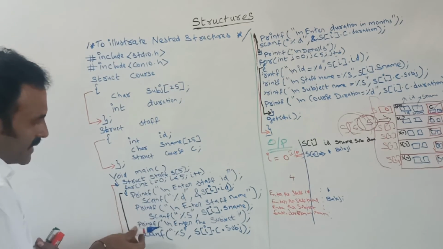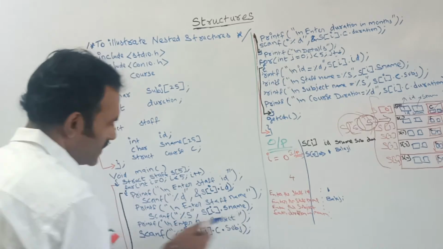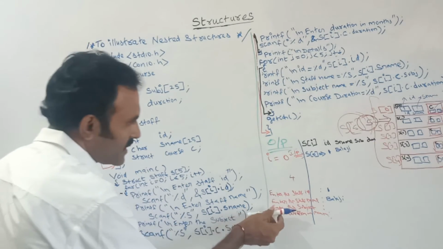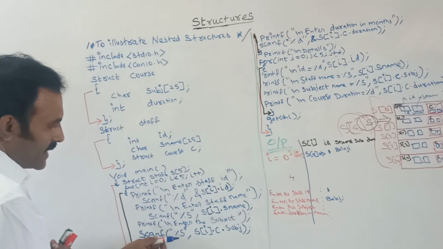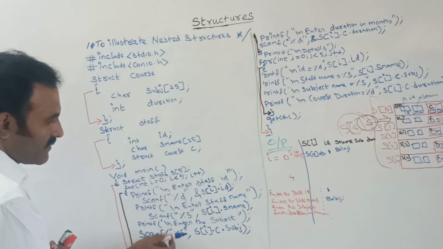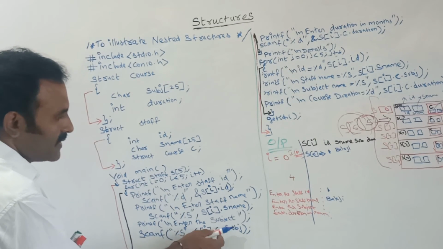Next, it will ask printf "enter the subject", so that message will be displayed. After that, in this scanf, whatever value you give on the keyboard will be stored to S of I dot C dot subject.